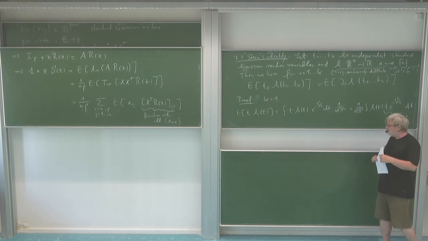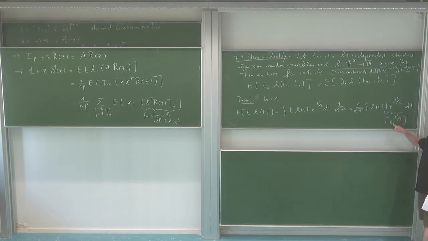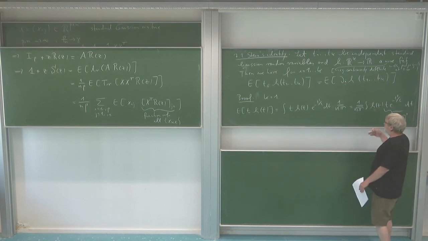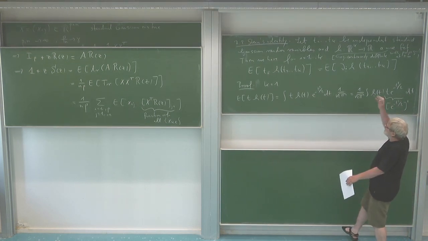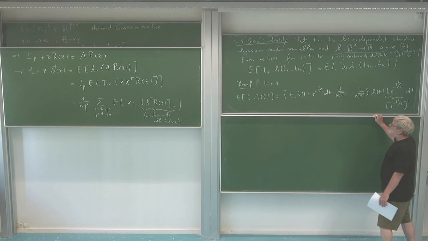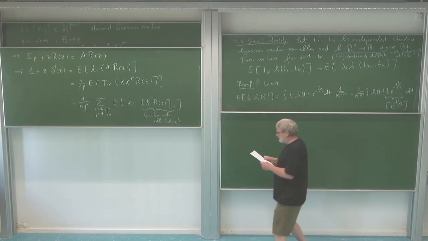This is guaranteed if this function h might go to infinity, but it should not go faster to infinity than this guy here goes to 0. This goes exponentially fast to 0. So if I allow, for example, polynomial growth here, that's still okay. That should be the assumptions which I have there. And of course, my function should be differentiable, because otherwise the statement doesn't make sense.